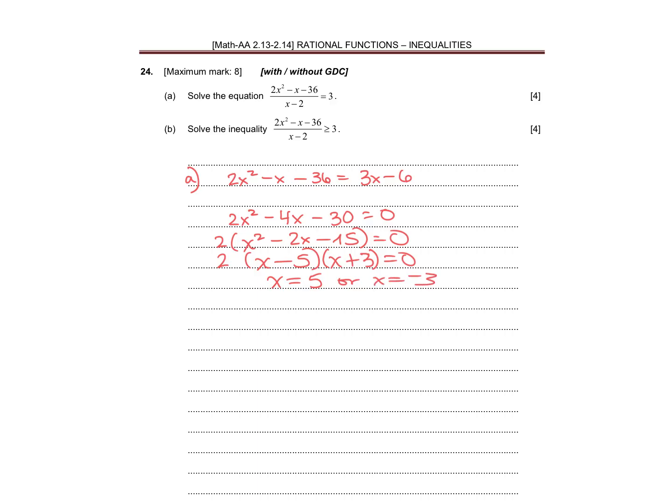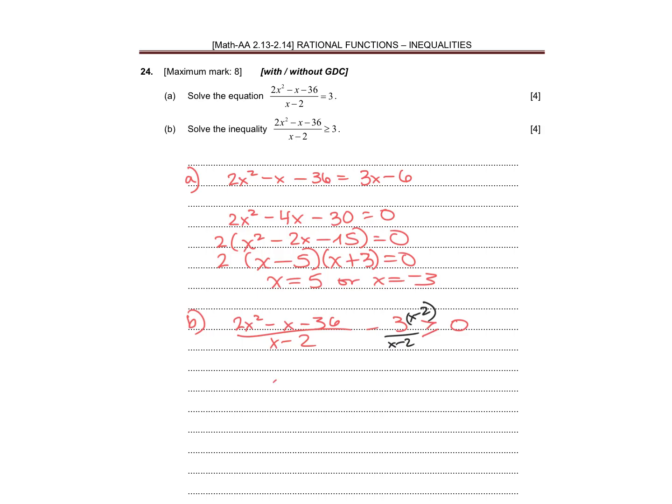Now, if we want to solve the inequality, we can't cross multiply. We need to subtract 3 and make the same denominator.